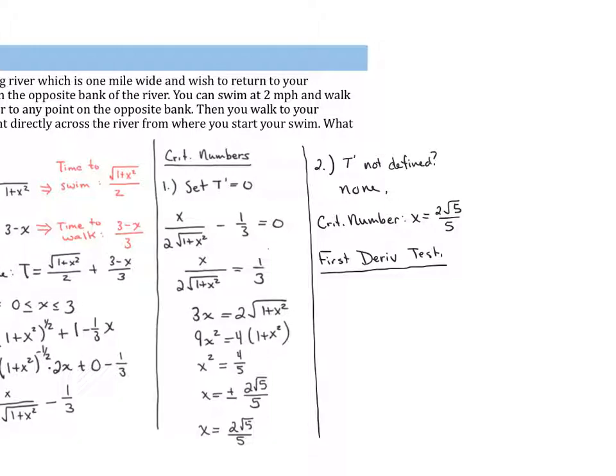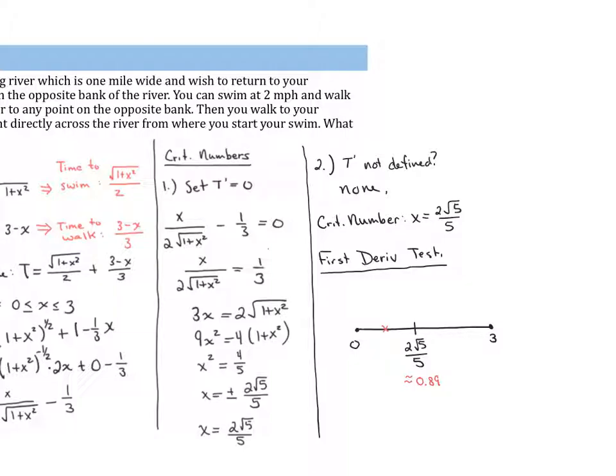So remember, whenever we do our first derivative test, we draw a number line that corresponds to our domain. So this goes from 0 to 3. And 2 root 5 over 5 is somewhere in the middle. Now, it might be beneficial to make note of the fact that 2 root 5 over 5 is about 0.89. Okay, so that'll help us in determining our test values.